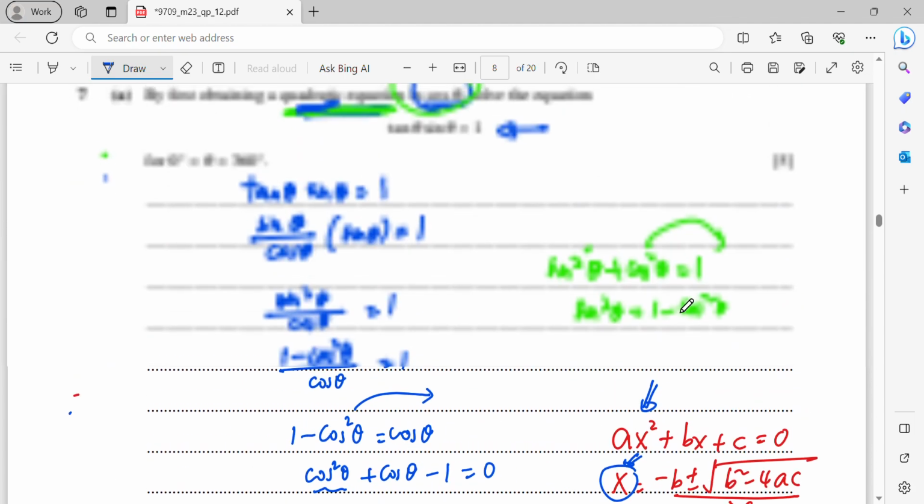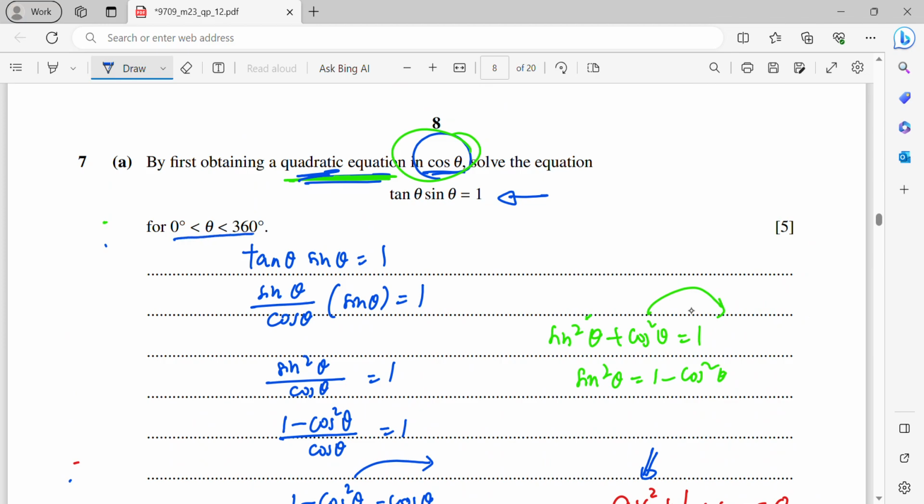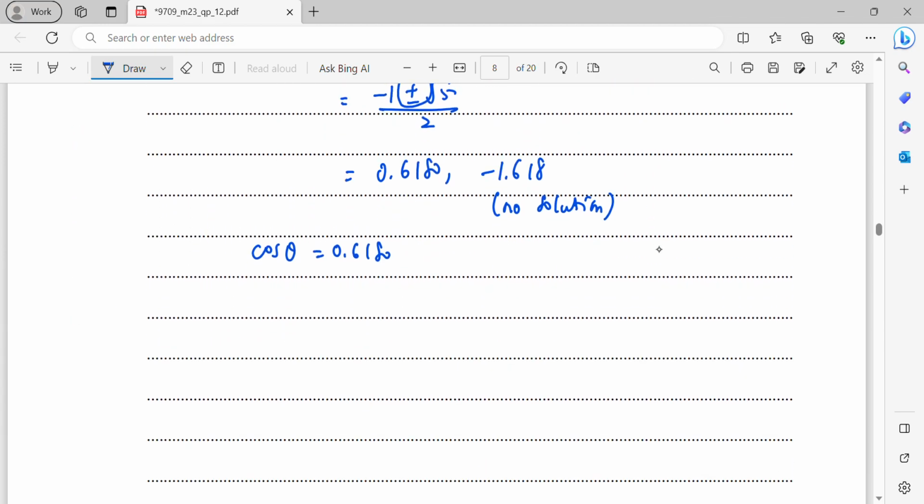Now, when you refer back to the interval here, it is between 0 and 360 degrees. Cos theta is positive when the angle is in the first and last quadrant. So I have to get the first angle here. My theta is going to be 51.8 degrees. You just take the inverse cos of 0.6180. So here I get 51.8, and my second angle is going to be here.